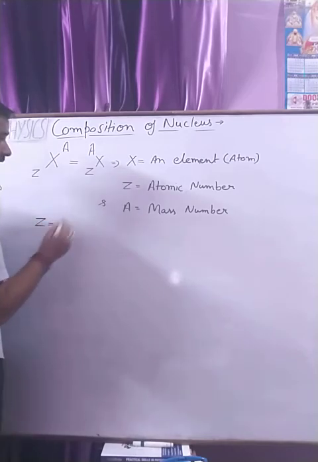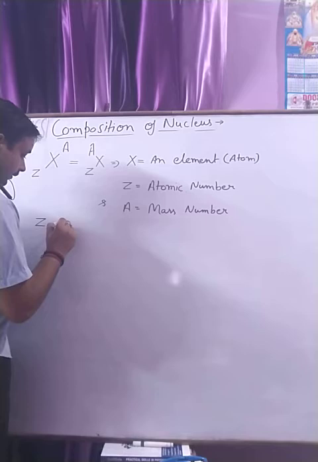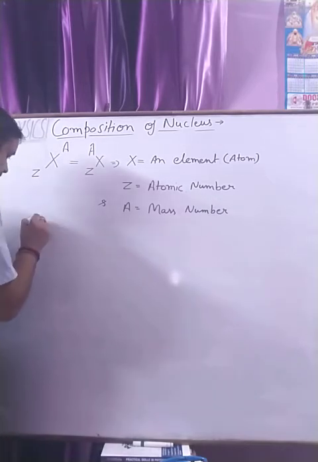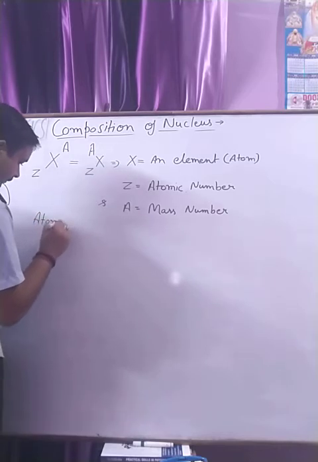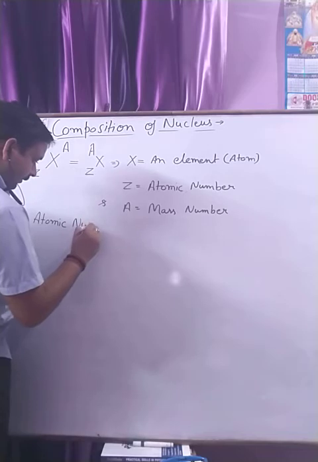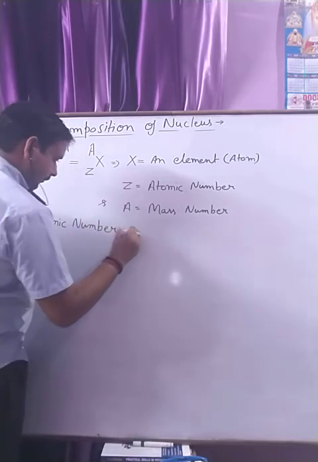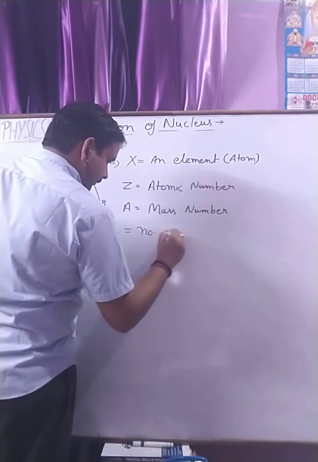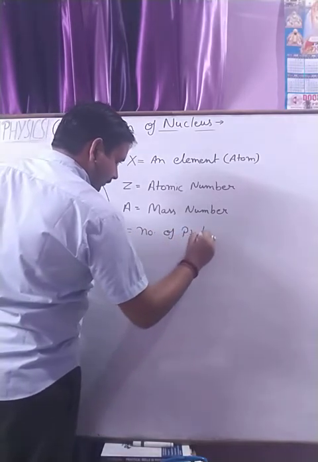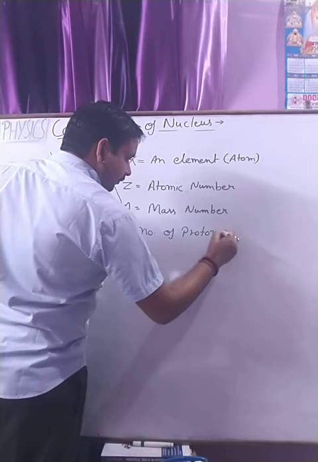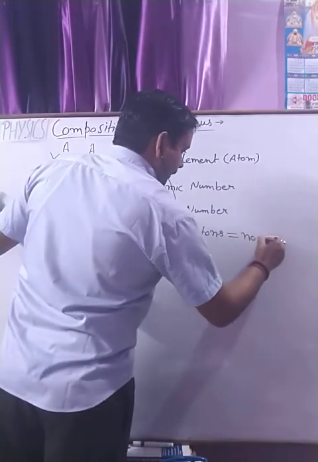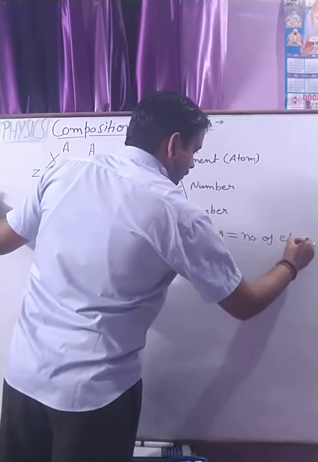Z is the atomic number, it is equal to the number of protons and it is also equal to the number of electrons.